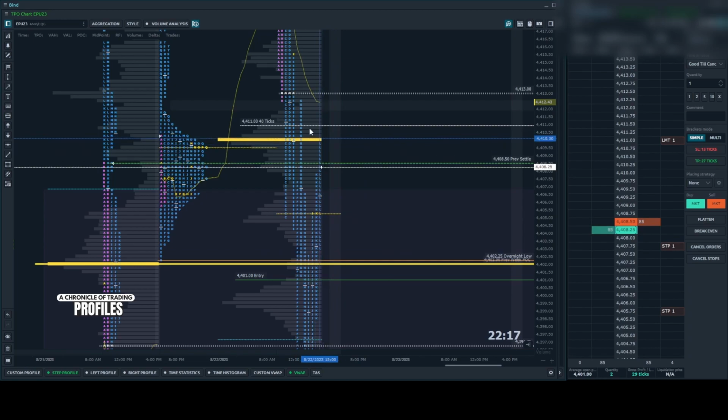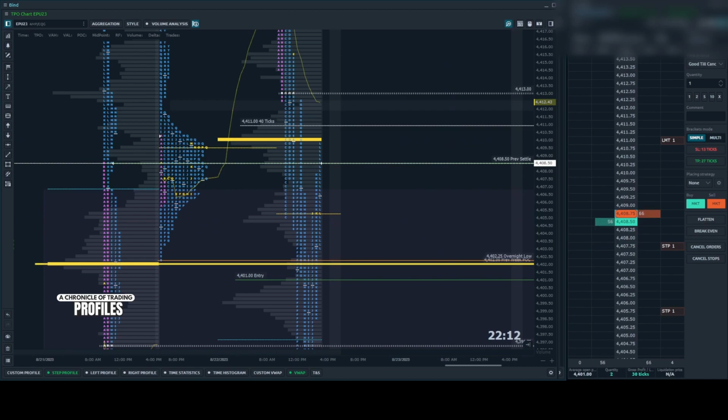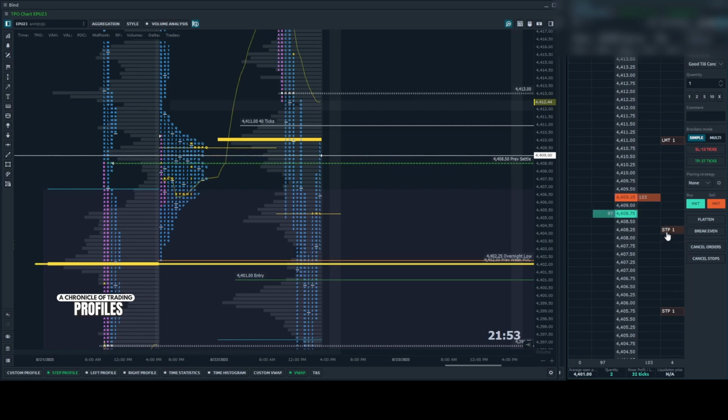You also have the RTH VWAP coming through here as well. I'm going to keep tucking this up on this first contract, because it's stalling out here.